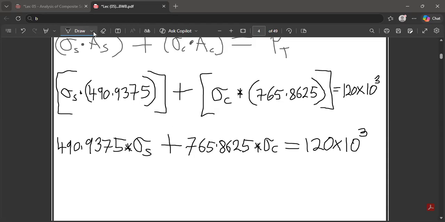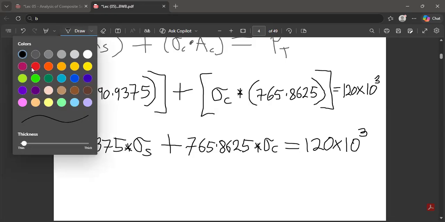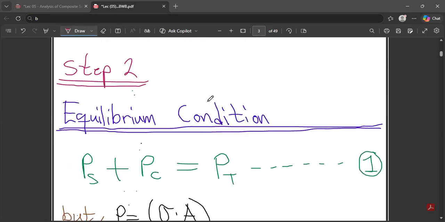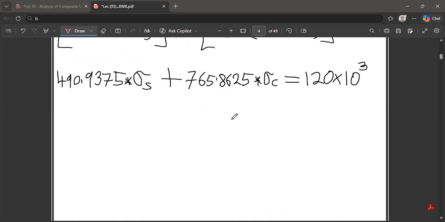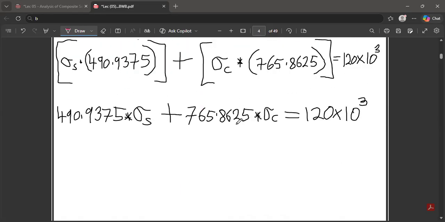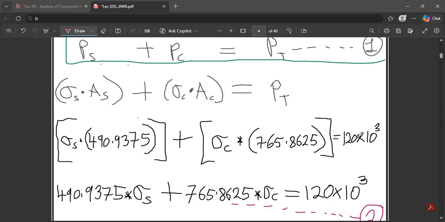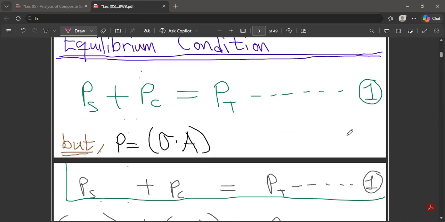We don't have much space, but we can still find a way to fit it there. Just as we did for this, which was our equation 1, this is now going to be our equation 2. And this is our equation 1.